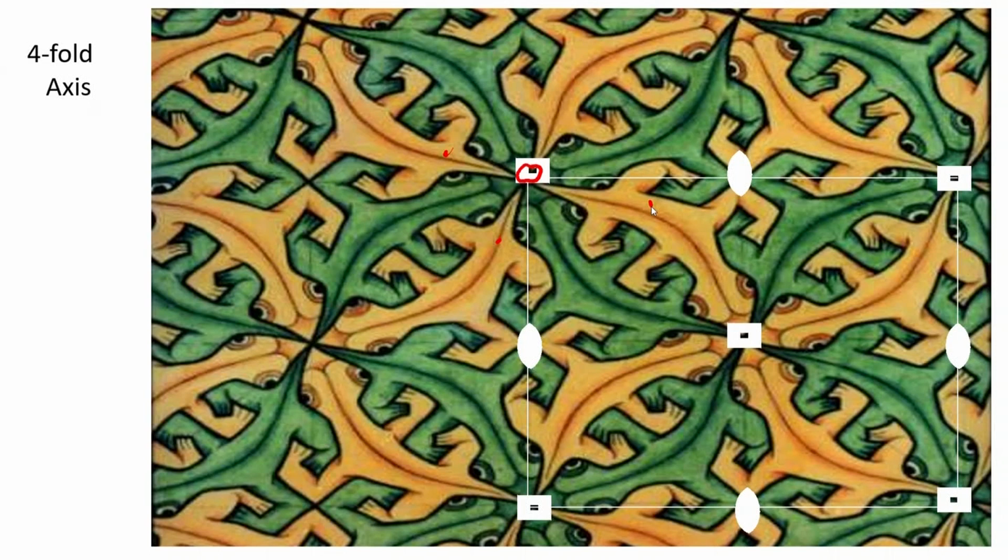So, three-fold symmetry, six-fold symmetry, four-fold symmetry and two-fold symmetry also decides what should be the nature of the lattice, what should be the nature of the unit cell. So, that means if A is equal to B and angle is 90 degrees, then you have what is called a square lattice.